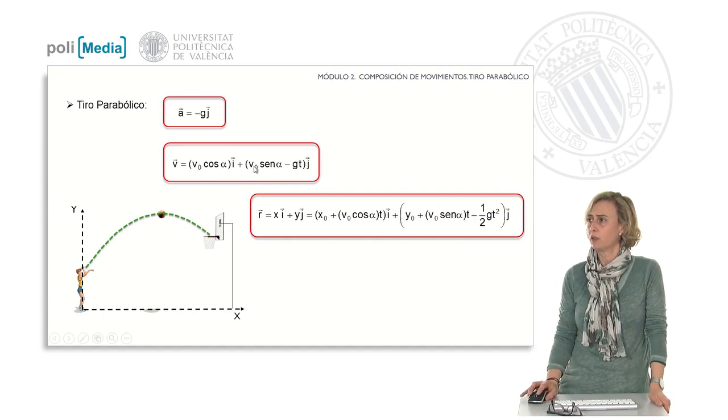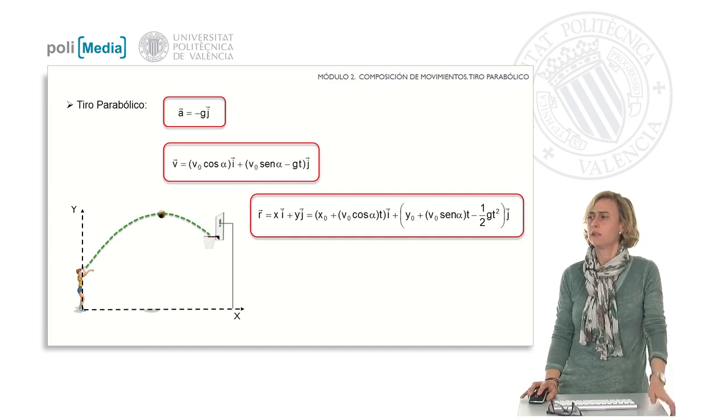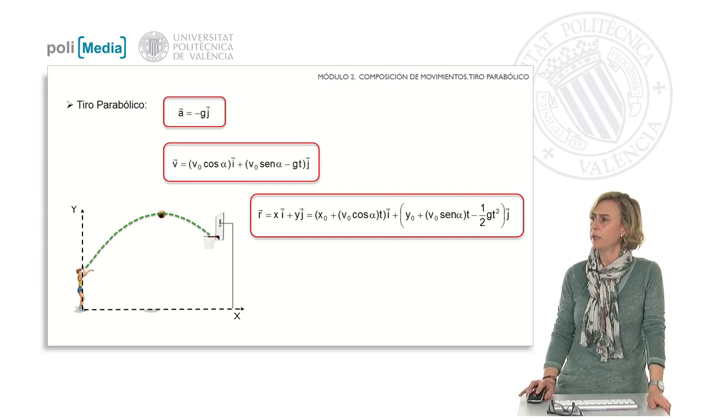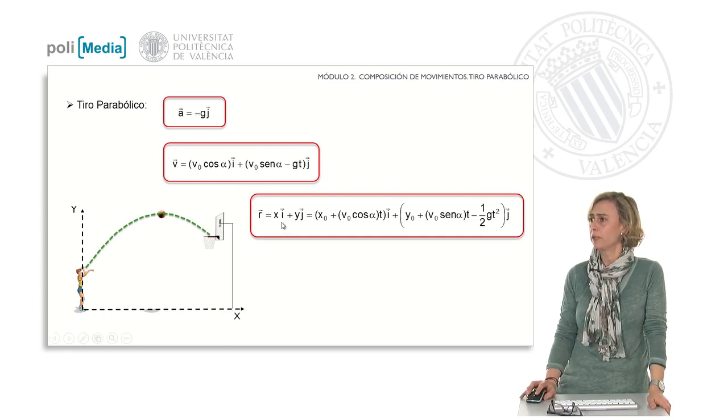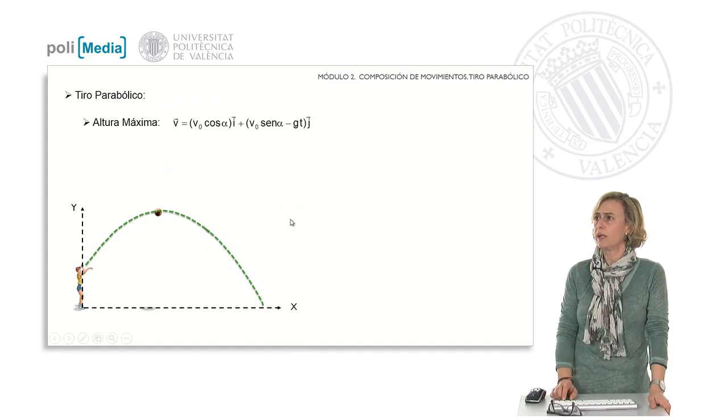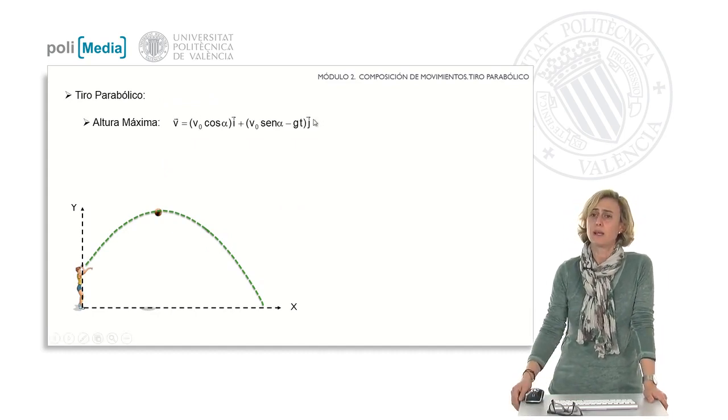The velocity is the vectorial sum of the velocity vectors of each of the motions that make up the final motion, the parabolic trajectory, and the position will also be the vector sum of the position in each of the axes. Let us now calculate the maximum height reached by the object.